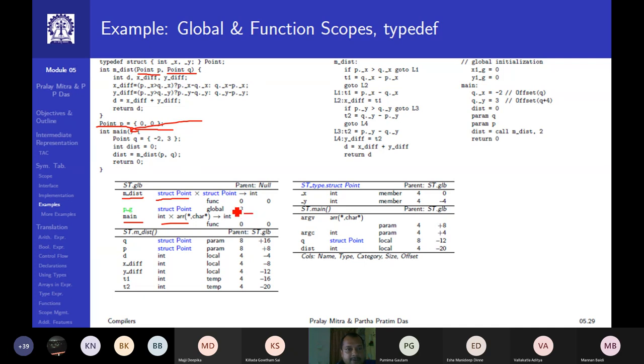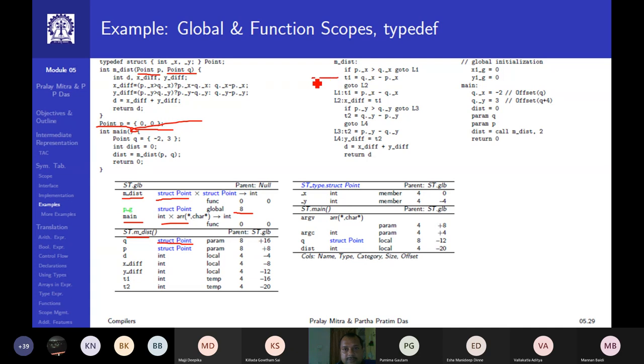Okay. Now accordingly, for the mdist symbol table, the parameters are struct point, that is the data type, p and q, so right to left, so q and p will be here, those are parameters, size is 8 and 8. Then other d, x, t, yd, t1, t2 will be there.